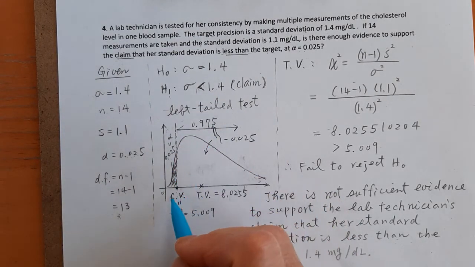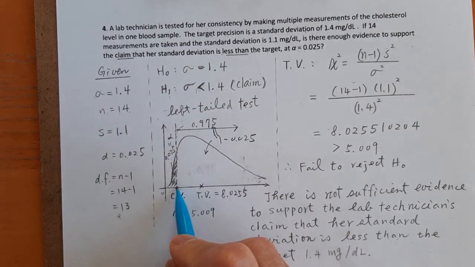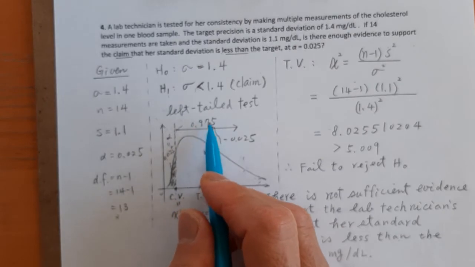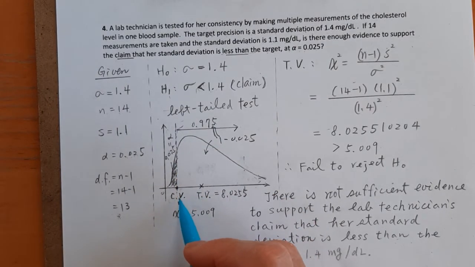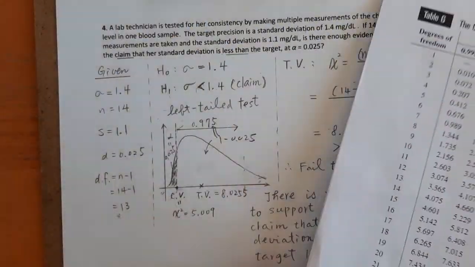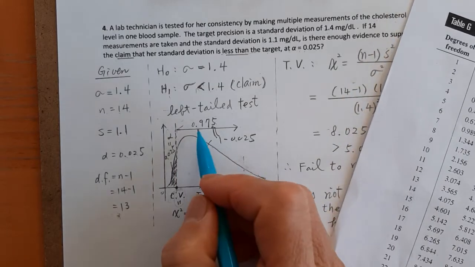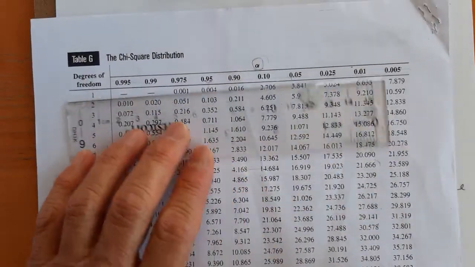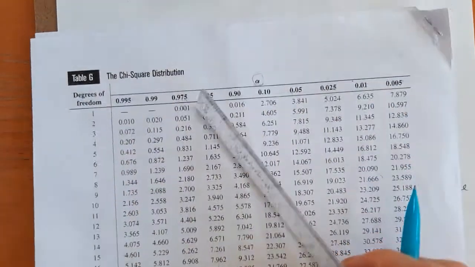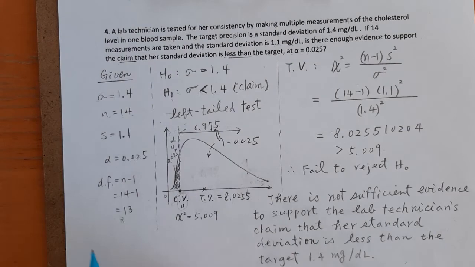To figure out this critical value, alpha is here. So to the right is 0.975, and we find this chi-square critical value from this table. Look at the top, 0.975. Now you have to find the degrees of freedom.